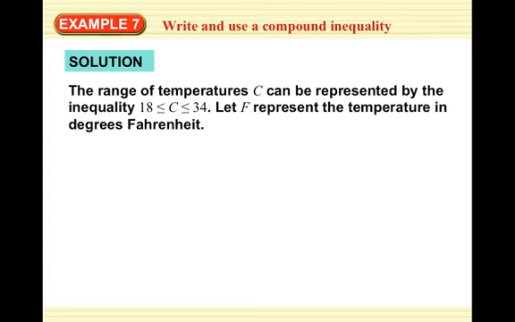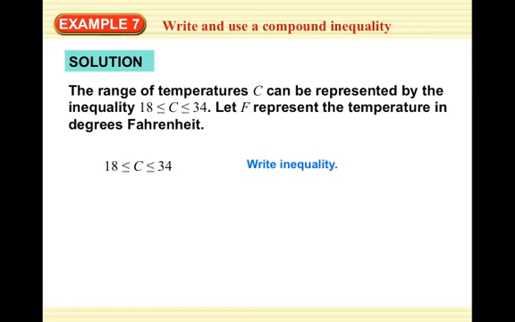Now we're going to let F represent the temperatures in degrees Fahrenheit. Now, to convert from Celsius to degrees Fahrenheit, you are going to use the expression 5/9 times F minus 32, because that's the equivalent form.